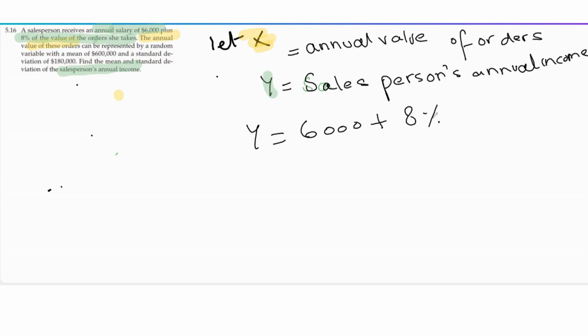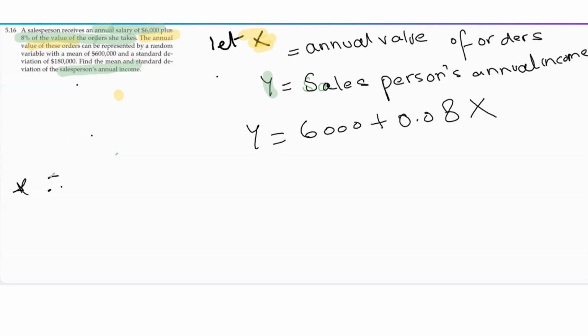Let's write it in decimals as 0.08. So Y is equal to 6,000 plus 0.08 times the annual value of orders, X.